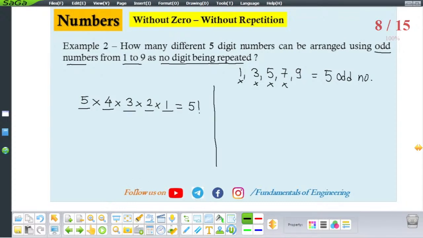What is the answer we are getting? You can comment in the chat box.